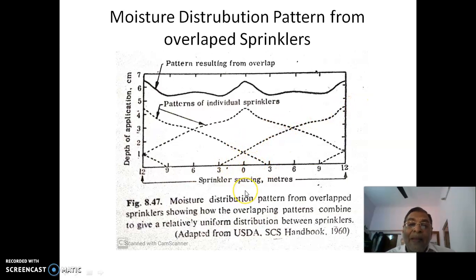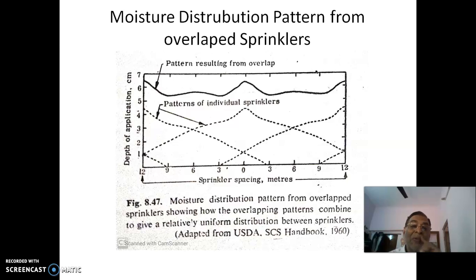At a given place, if you want to know the depth of irrigation, you have to add all these things. Due to this sprinkler it is 1 centimeter, due to this sprinkler 1 centimeter, and due to this sprinkler it is 4.5.